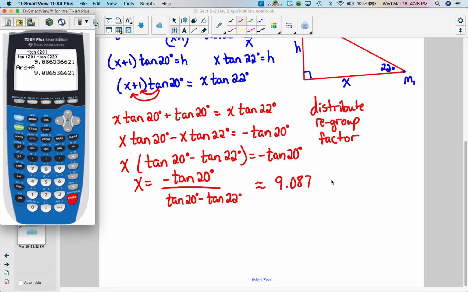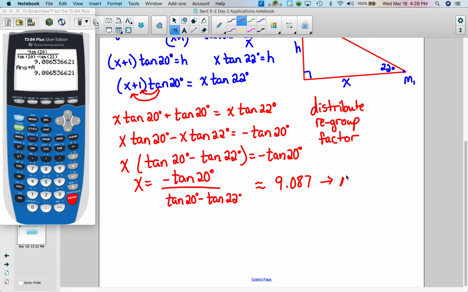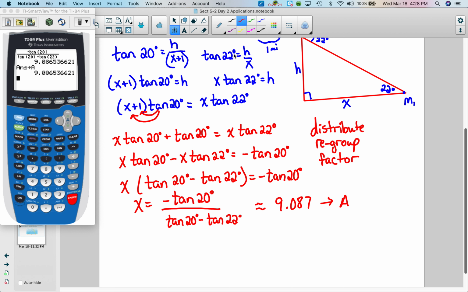So I'll make a little note: store in A. Now I'm going to go back up and use this one. We know that tangent 22 degrees equals h over x. Oh, I guess I could have used this one. h equals x times tangent 22.